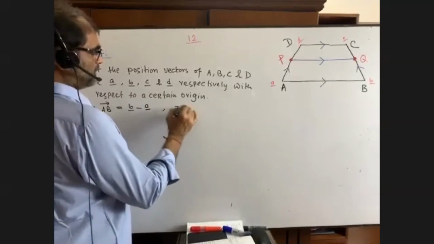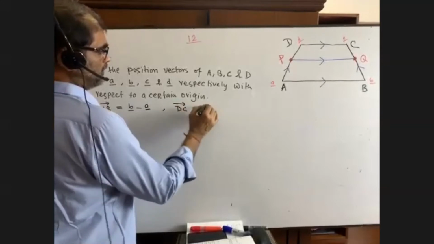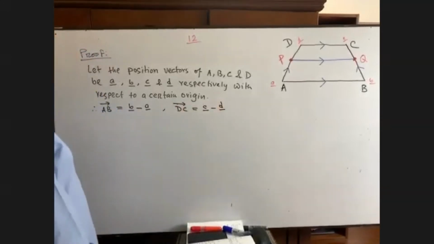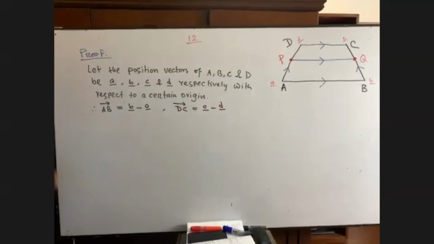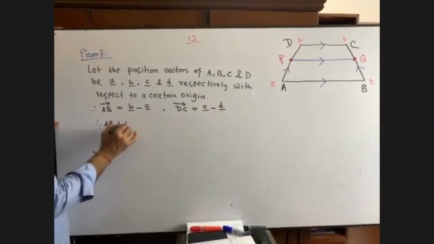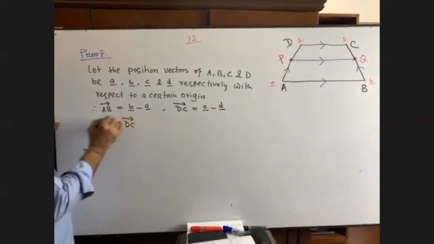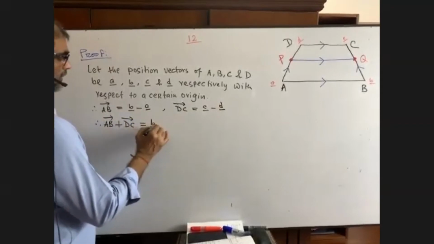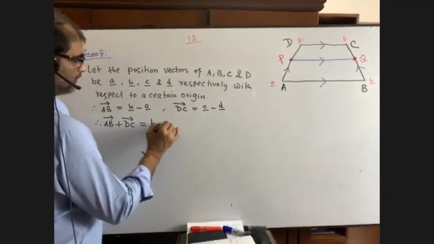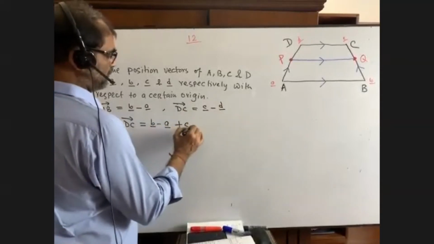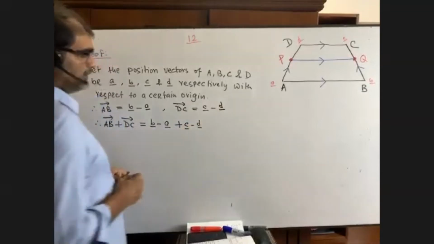DC equals C minus D. In the proof we have AB plus DC, so AB equals B minus A and DC equals C minus D. Please try to understand.